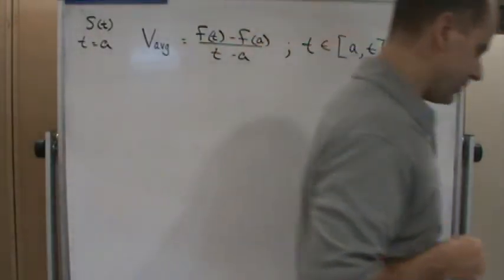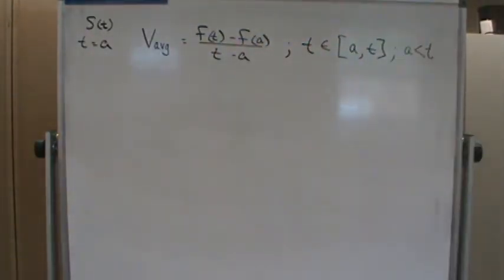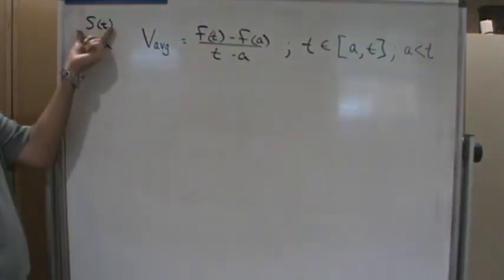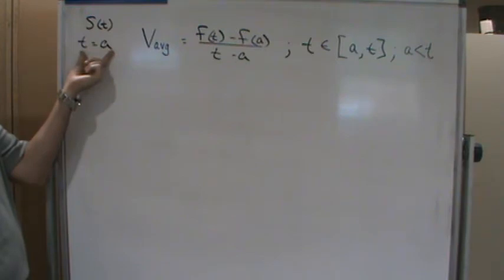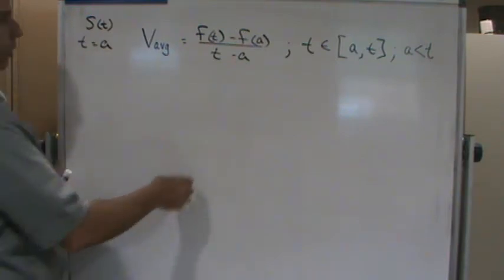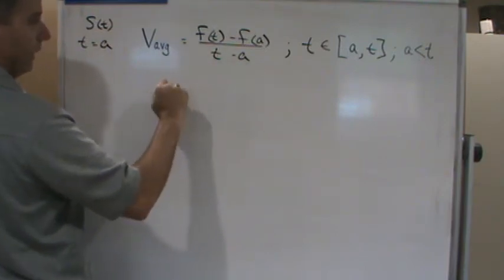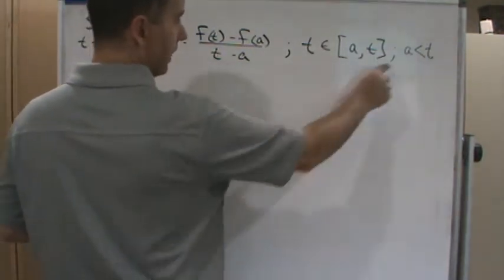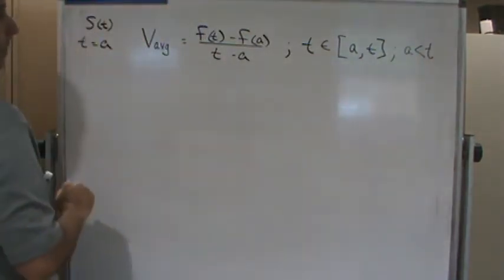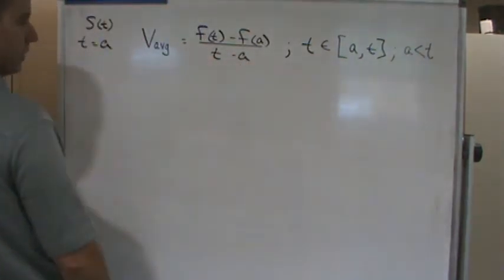So that's the definition we're going to use for instantaneous velocity when t equals a. That's what we're interested in: what the velocity of this particle is when t is equal to a. But we're going to choose another time not equal to a, on this interval, such that a is less than t, so that we get an average velocity.